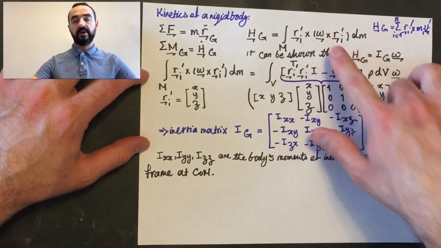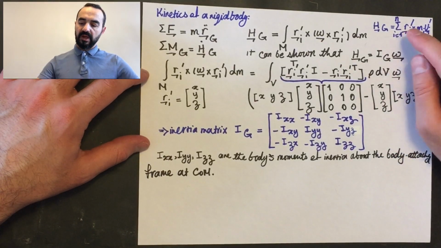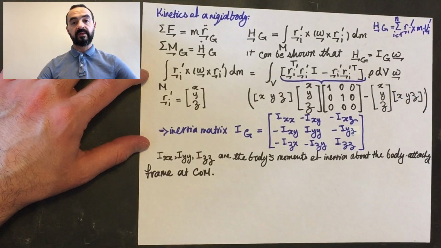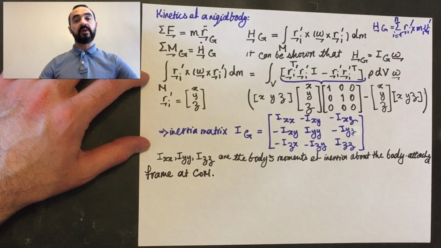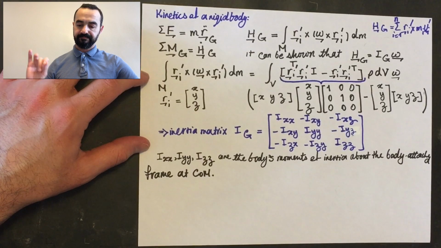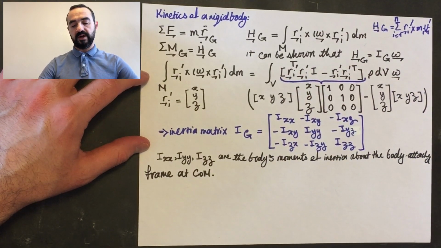So v_i prime is replaced with omega cross r_i prime, and the sum is replaced with an integral. And our mass m_i is now replaced with dm, which represents small masses in this rigid body. So then we need to integrate over the entire body.